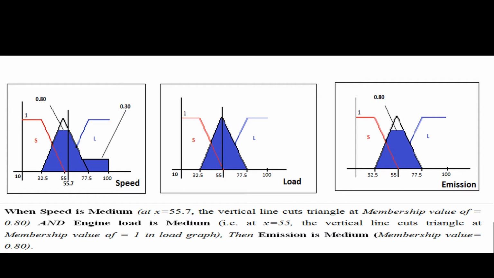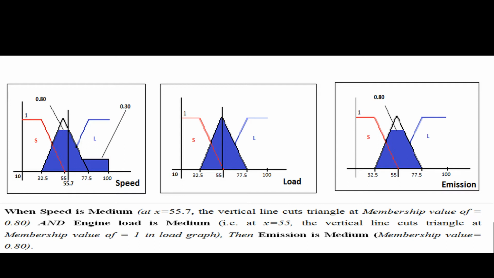When I say that the speed is medium, it means that we are talking at x equals 55.7, which is the value we have chosen. At 55.7 the vertical line cuts the triangle at a membership value of 0.80, and the second variable, the engine load, is medium, at x equals 55. At x equals 55 the vertical line cuts the triangle at a membership value of 1 in the load graph.